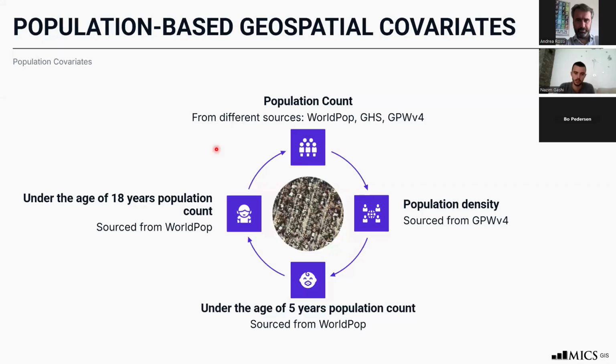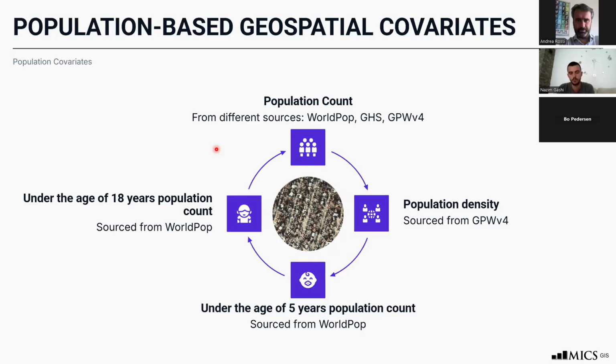So it's either 100 meters by 100 meters or per square kilometer. And for the population counts, we are using three main sources for estimating people living in these specific areas. The main sources are WorldPop, GHSL, and GPW version 4.